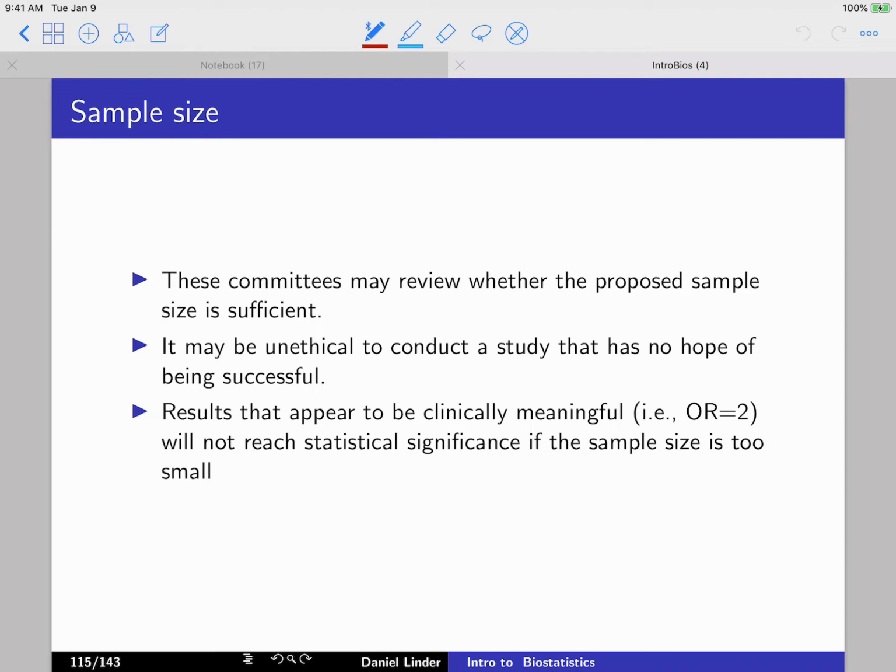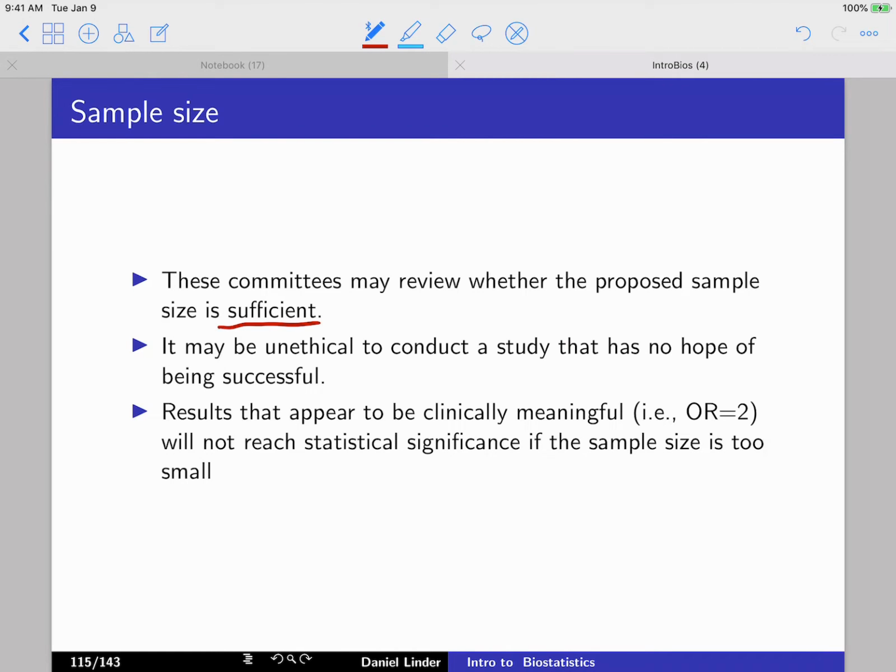So these committees are going to try to understand and gauge whether or not the proposed sample size is sufficient. And what exactly does that mean? Well, what that means is, does the study have a remote chance of proving the claim that you're trying to prove with the study?